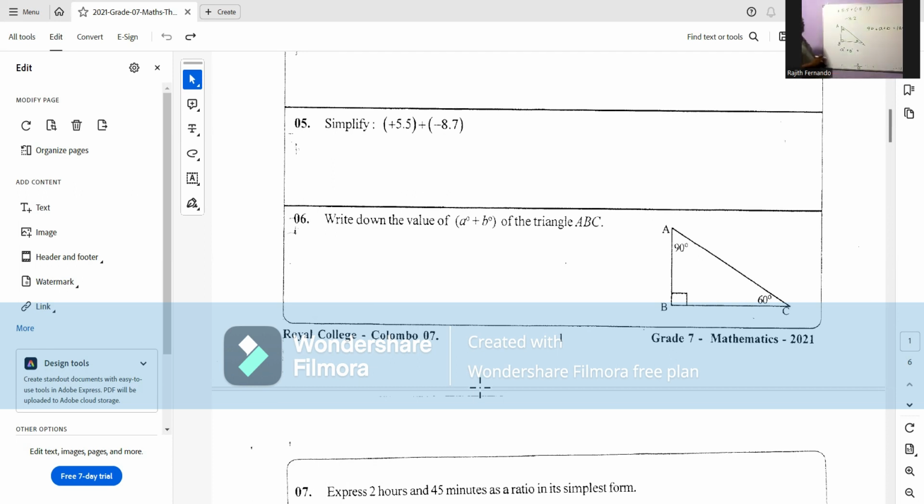Then you can say A plus B is equal to 180 minus 90, because this positive 90, when you take it to the right hand side, becomes negative 90. Then you can say A plus B should be 90 degrees. That is the way you have to solve this question.